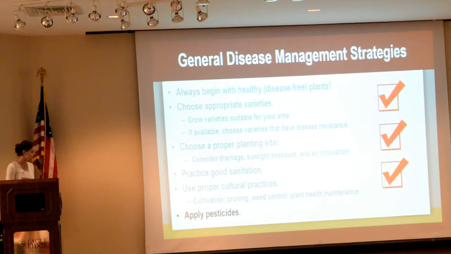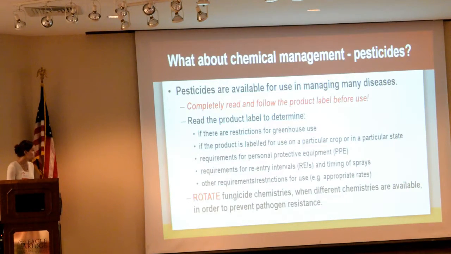And then I have applied pesticides. I won't talk too much about that, but there are several fungicides or other chemical products, including some OMRI or organic products that can be used and that are effective against various pathogens in the greenhouse. Again, for any of those products, you want to completely read the label and follow the directions, because the label is the law.